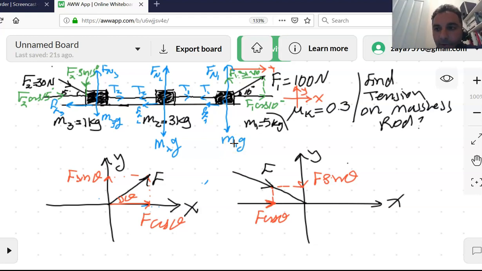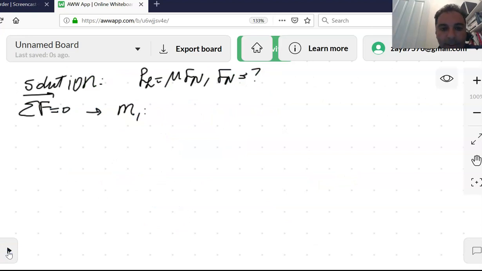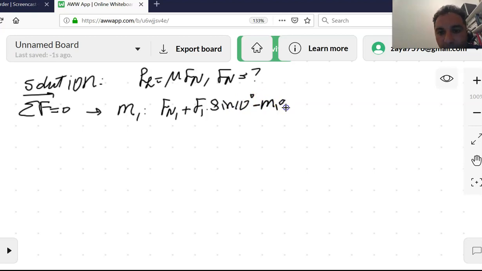Therefore, I am going to write Fn1 plus F1 sine 10, correct, minus M1G equal 0.